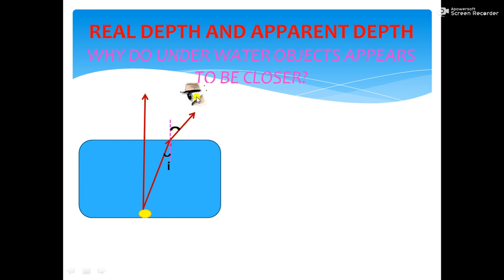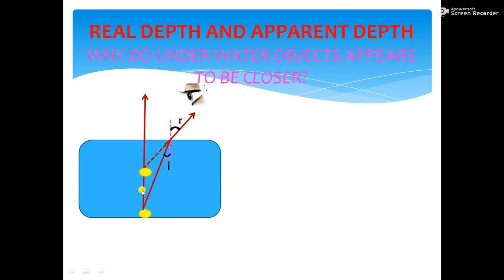Then the question arises: how will the observer see the image? The image will form when two rays meet together. In the forward direction, these two rays are not going to meet. Then the next possibility is that they appear to meet in the backward direction, and in this position the image will form.